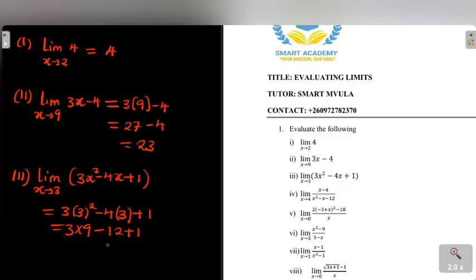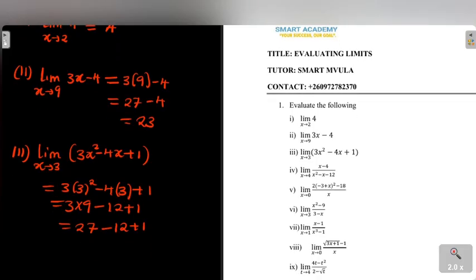Then we have a plus 1 there. So 3 times 9, that's 27, minus 12 plus 1. We subtract 27 minus 12, that's 15. So I have 15 plus 1, that's 16. So the limit of that quadratic equation as x approaches 3 is 16.